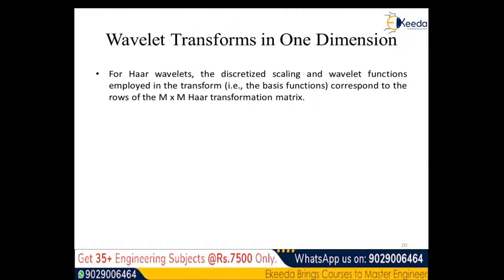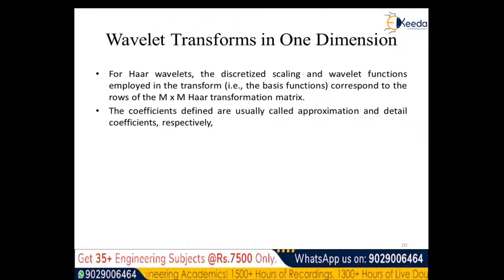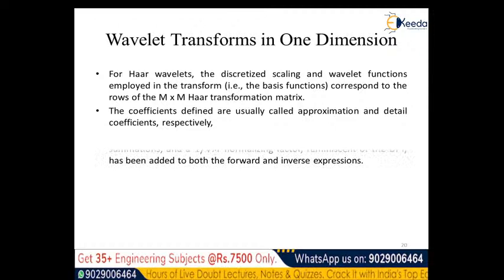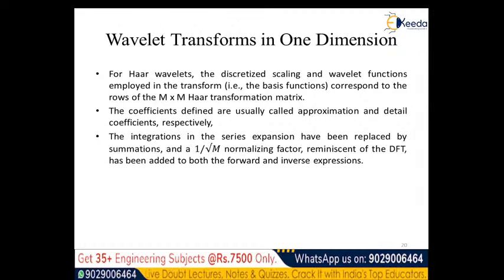Now the coefficients defined here are usually called the approximation or scaling coefficients, and the second type is the detail coefficients, also known as the wavelet coefficients. These are the points to be noted. Here we have replaced the integral functions in the series expansion by summations in the current representation, as we have switched from the series expansion to the discrete domain wavelet transformation.